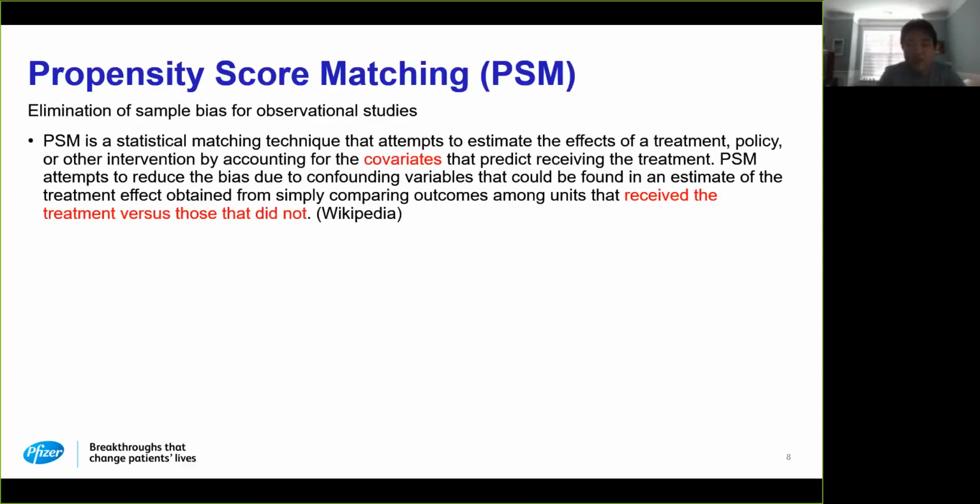It's a statistical technique where we try to estimate the effects of a treatment by accounting for covariates that predict receiving the treatment. So we are trying to reduce the bias due to the confounding variables from the covariates, and we try to identify that treatment's effect. And that's actually a definition from Wikipedia.